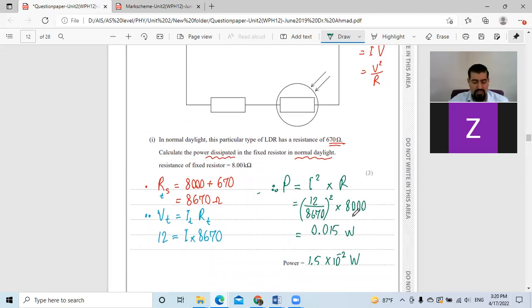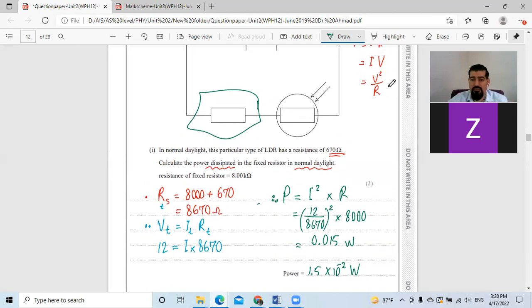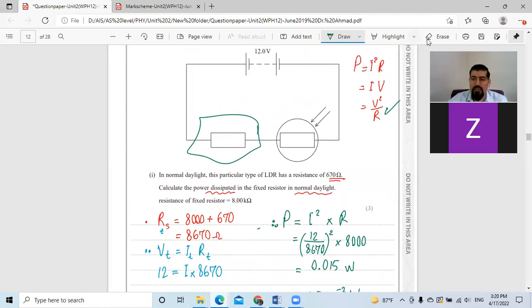This is one method to answer the question. You can use whatever you want. You can find the shared voltage for this resistor only and use the formula V squared over R. It's your decision.